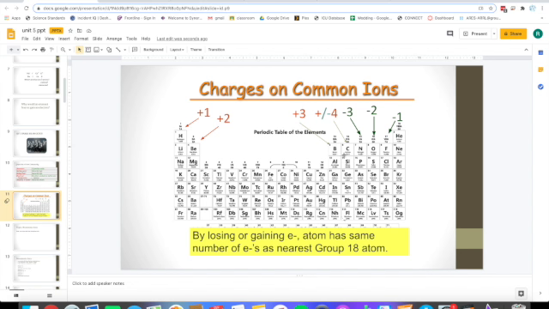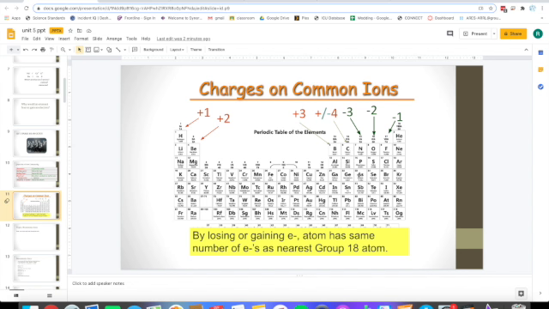This one, you actually won't see very many ionic bonds with them, but they can have either a plus or -4 charge, depending on what they are bonding with or what element you're talking about. For ionic bonds, we typically don't have any that are in this column, so we won't spend too much time on it. But if it's in this column, it'll either be plus or -4.